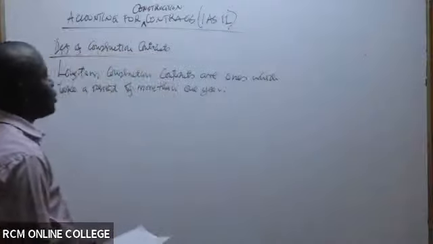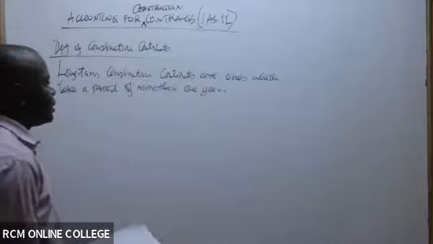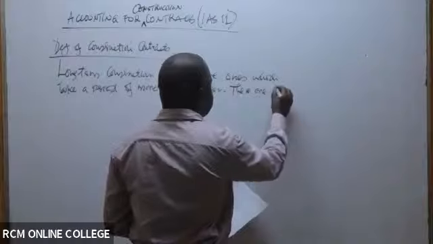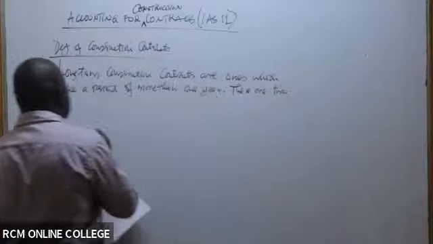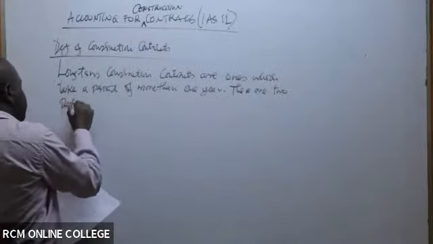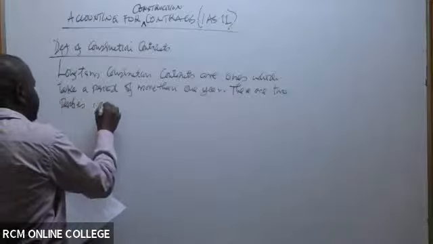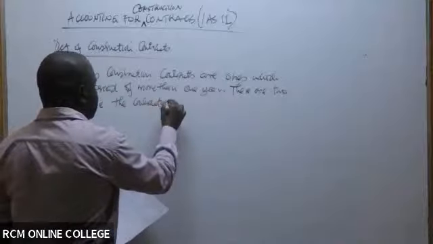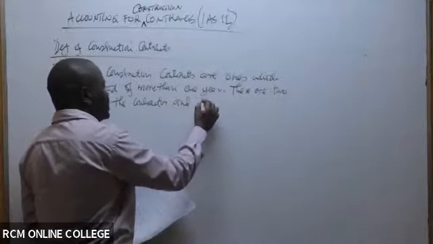So there are two parties in this kind of contract, the contractor and the contractee.